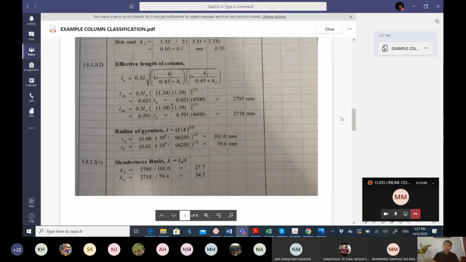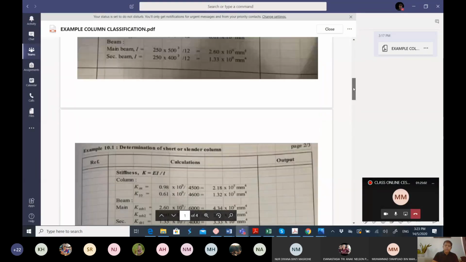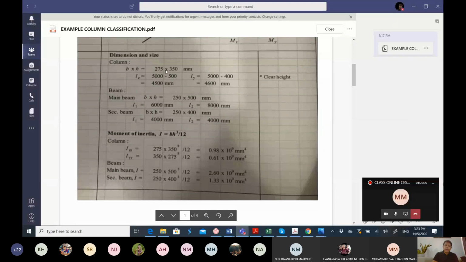Area of the column is from this one, 275 times 350 millimeter.